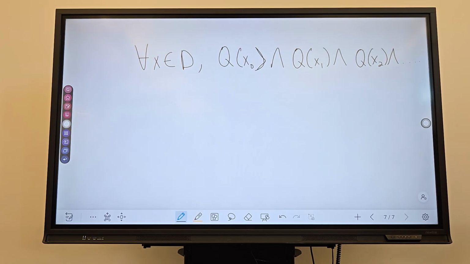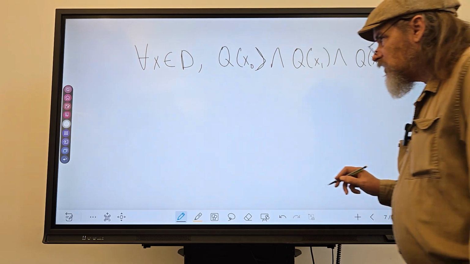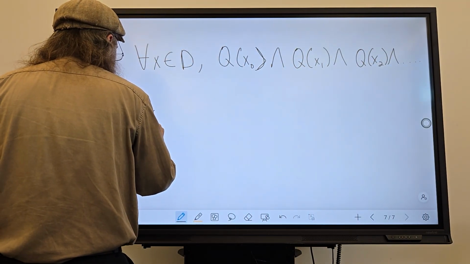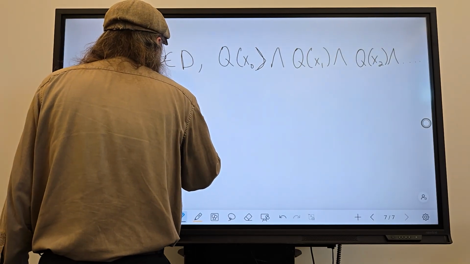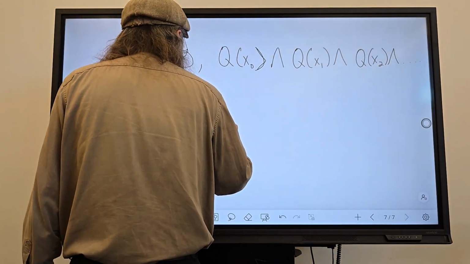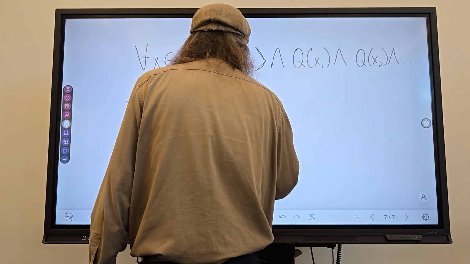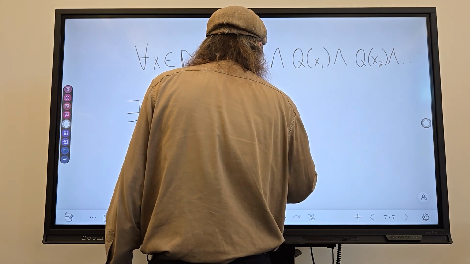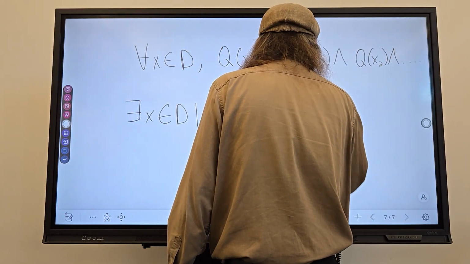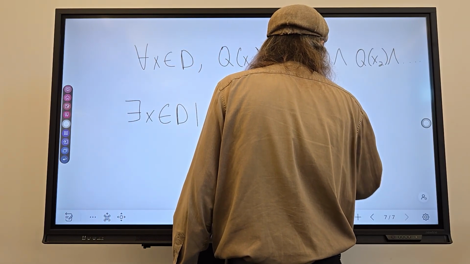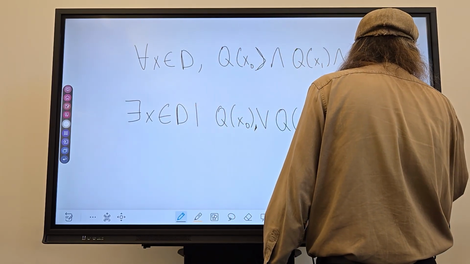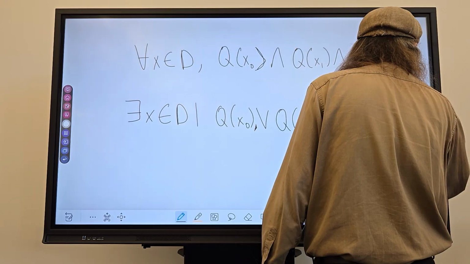Now, there exists would be more akin to an or statement. There exists an x in D such that Q of x0 or Q of x1 or Q of xn.